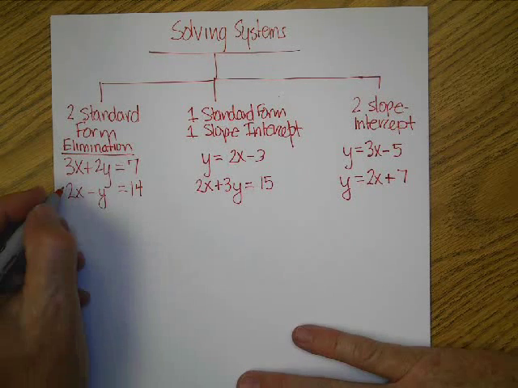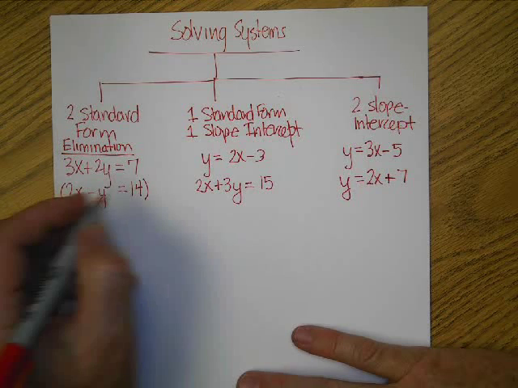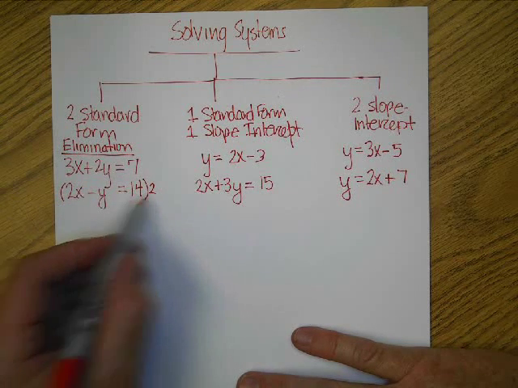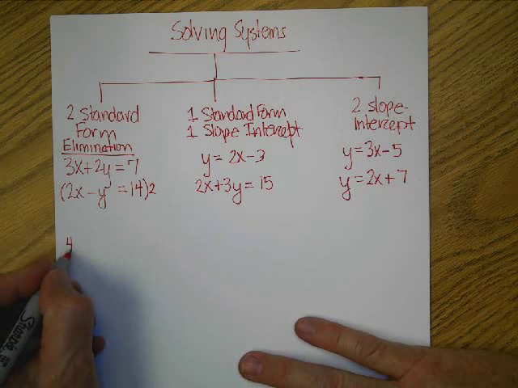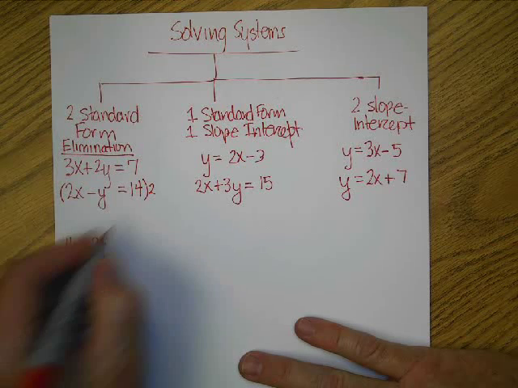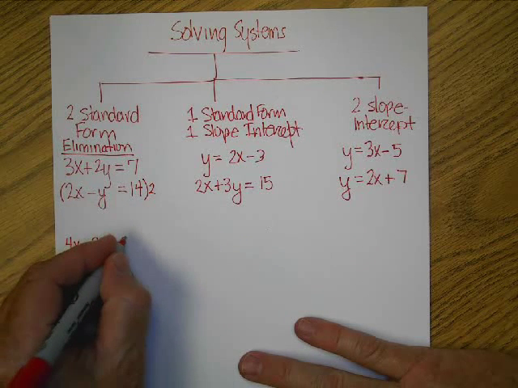So what we can do is multiply this second equation by 2. Using the distributive property, 2 times 2x is 4x, 2 times negative y is negative 2y, and 2 times 14 is 28.